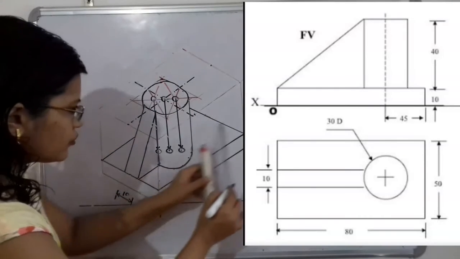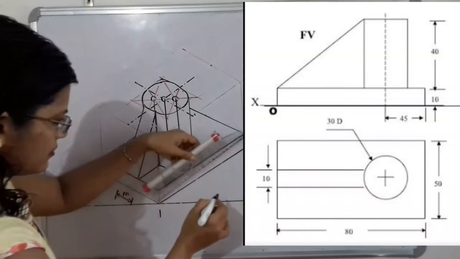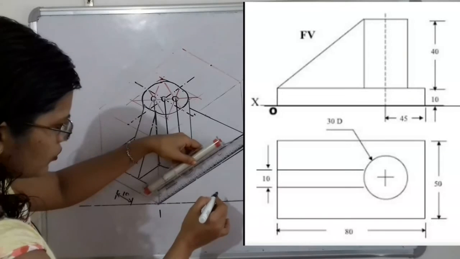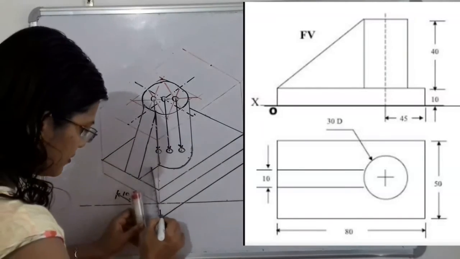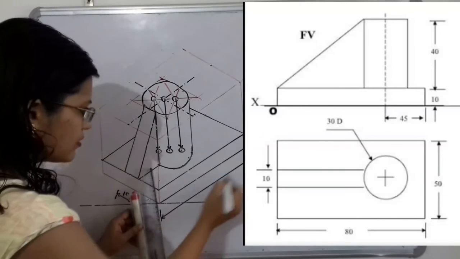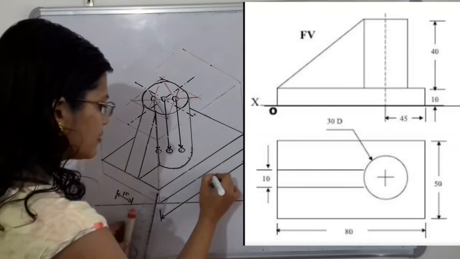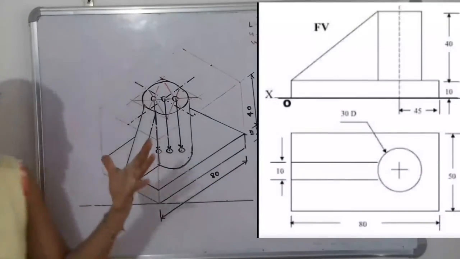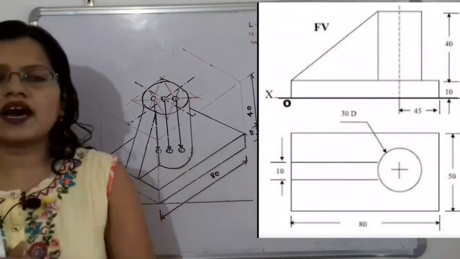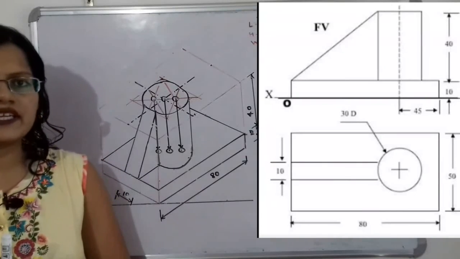So again we will show here the total length. So this total length is 80 millimeter. So we have to take here the line, and we will take here the 80 millimeter. So in this way, this isometric projection for the given orthographic projection is getting completed.